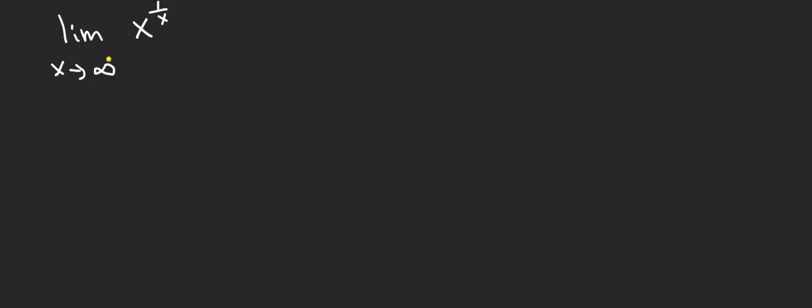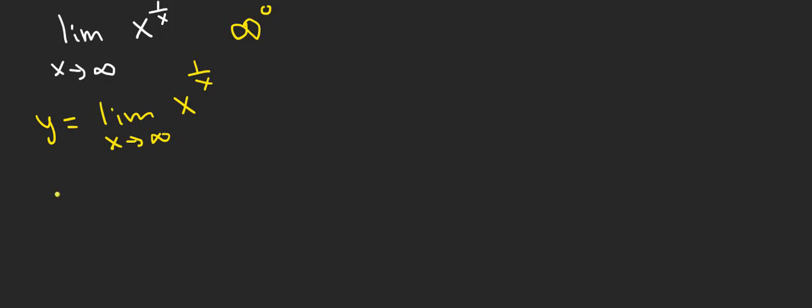Now let's look at our final example. We got the limit of x to the power of 1 over x as x goes to infinity. So 1 over infinity is like 0, and this is infinity. So this is like infinity to the power of 0. And let's see what happens. Again, the power is an exponent, so what you want to do is let y equal the limit as x approaches infinity of x to the 1 over x.